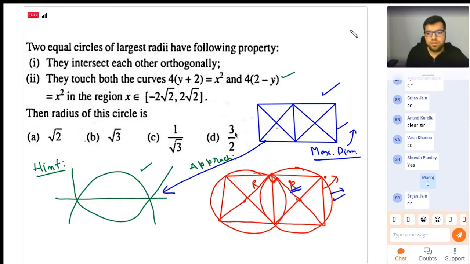So using this approach only we will do it. If this thing is clear to you, that we have to draw this maximum dimension rectangle in this region, then the question is not at all lengthy.